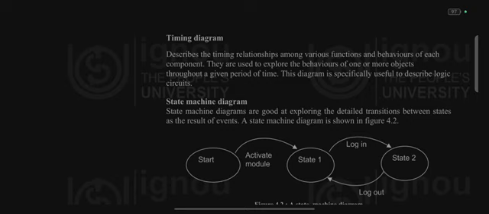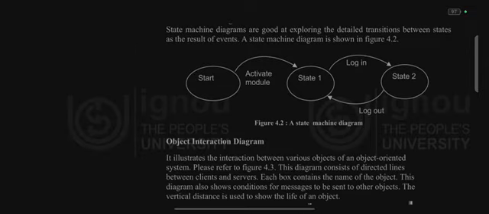State machine diagrams are good at exploring the details of transitions between states as the result of events. A state machine diagram is shown in figure 4.2. Here is the state machine diagram with start, active model state 1, login state 2, then comes log out, again back to state 1. Then comes the object interaction diagram.